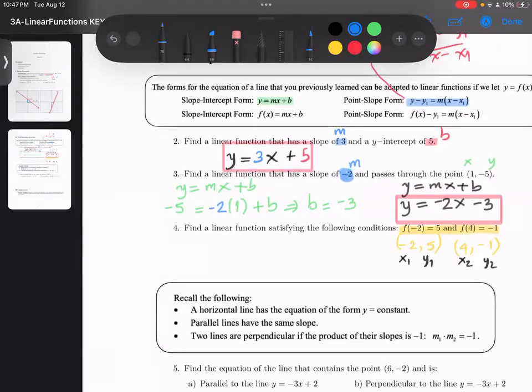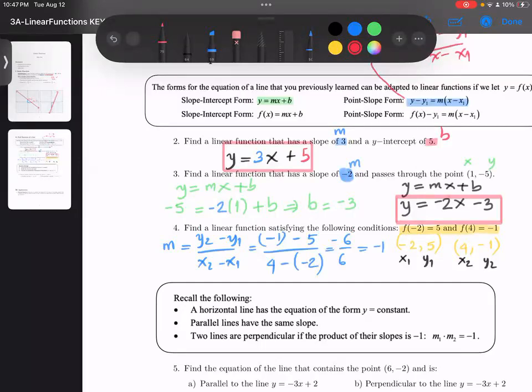So the first thing I'm going to do is look for my slope. m equals y2 minus y1 over x2 minus x1. y2 is -1 minus y1 is 5, over x2 is 4 minus x1 is -2. So -6 over 6, sorry, 6, not 8, 6, which is -1.